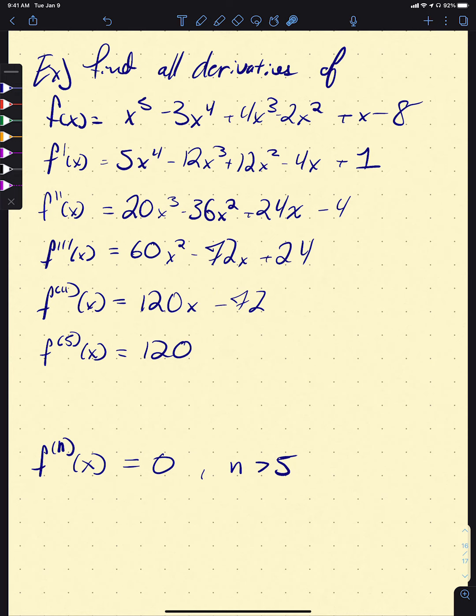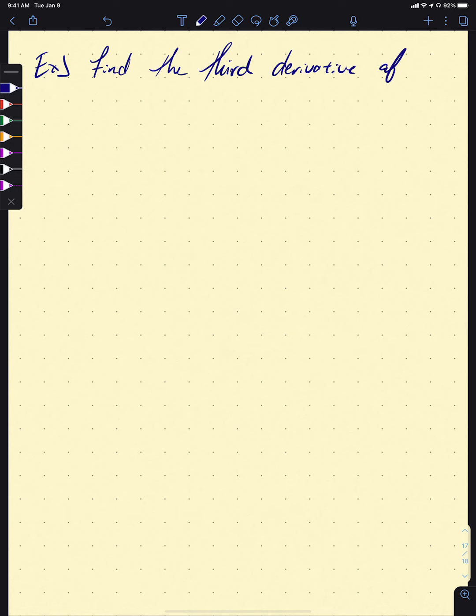Let's take a look next at, I don't know, let's find the third derivative of, say, f of x is x to the 2/3, right?